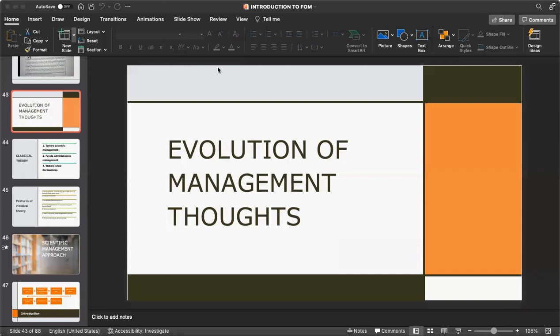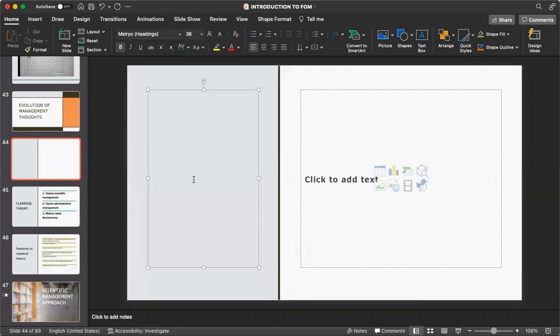So when I talk about these components, we are discussing the evolution.